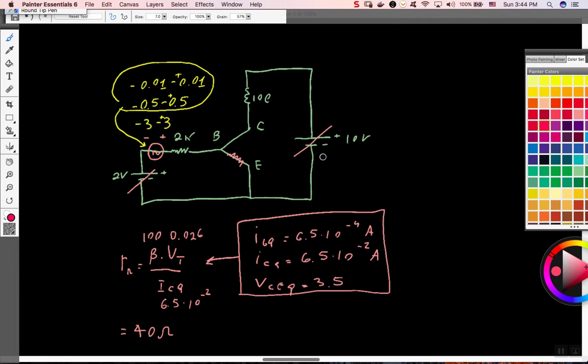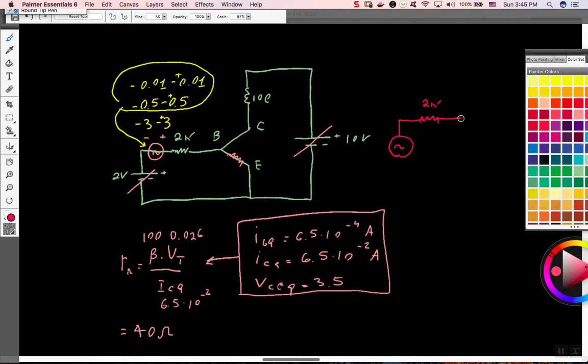Okay, maybe bubblegum pink or something like that. Okay, so we have our AC signal, and along the way it passes through 2 resistors, right? So when it goes, it would first pass through the 2K resistor and continues onwards.